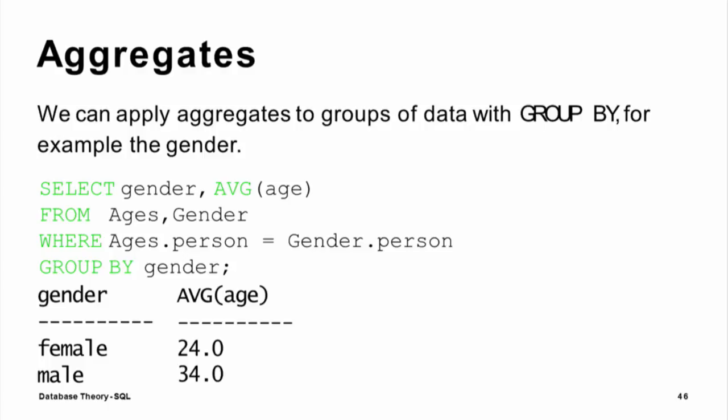But that average function now works per group. It works per group. Remove that group by and remove that gender attribute from the select list, then you will get the average overall. Grouping makes it per group, all right?